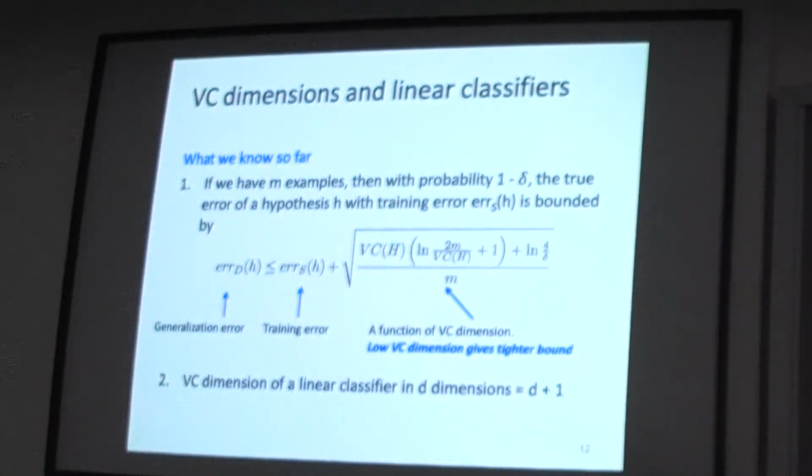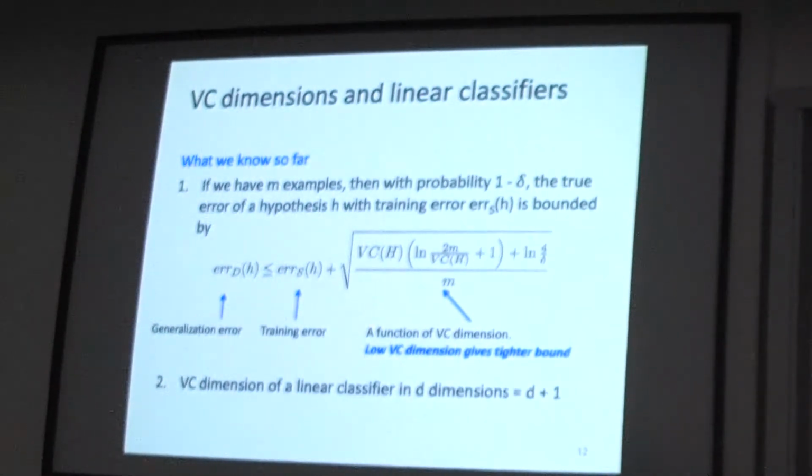Whatever algorithm you're using to learn linear classifiers, as long as you search over the entire space of linear classifiers, the VC dimension is fixed to be d plus 1, and this term is fixed. It seems that there's no way to reduce the VC dimension so that we can get a better generalization error. And how can we overcome this issue?